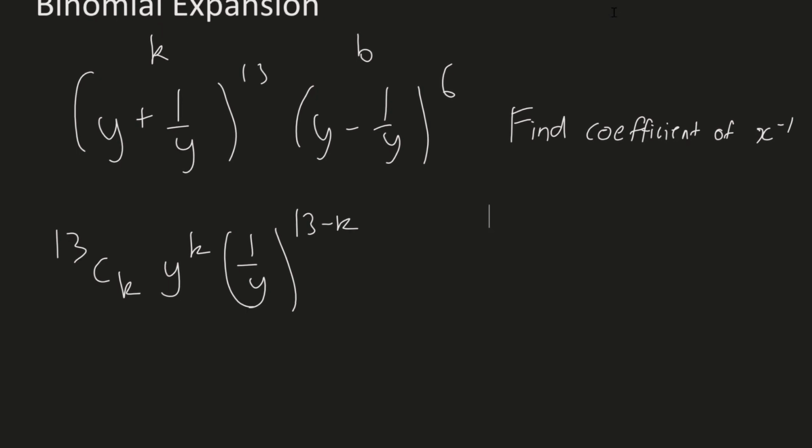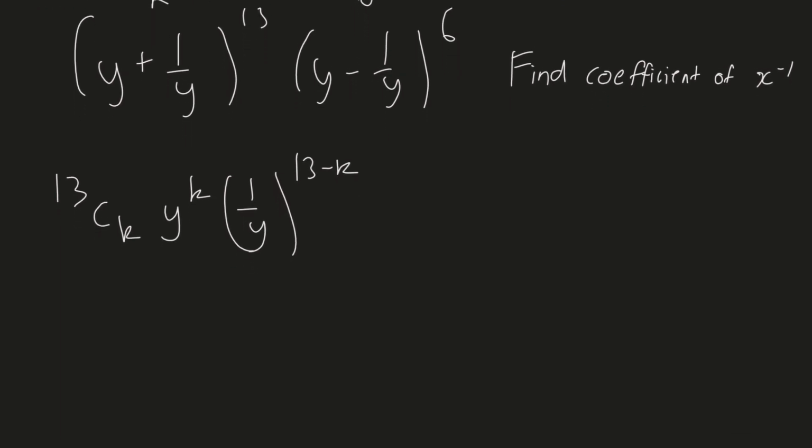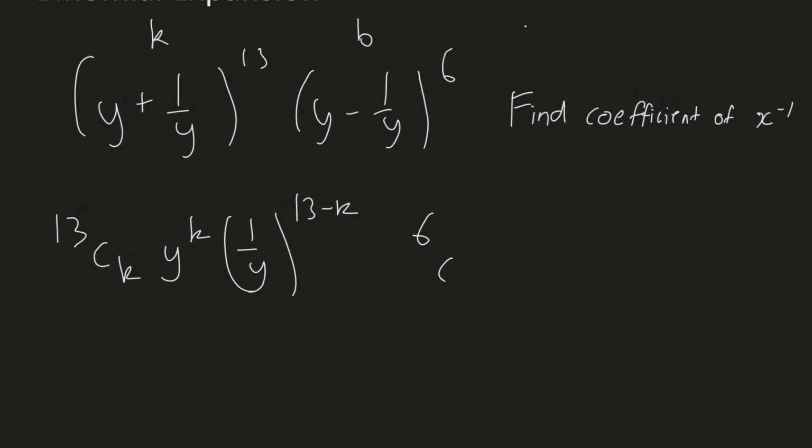And then next, we are going to take 6, which is this degree here, 6 choose b, times y to the b, times minus 1 on y to the power of 6 minus b.